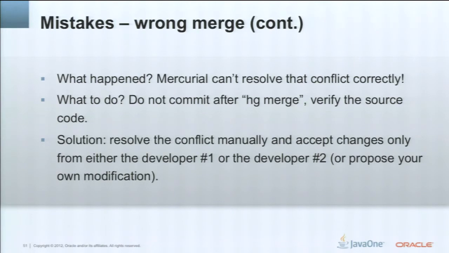So first, maybe either accept developer number 1 changes or accept developer number 2 changes. If you accept those changes, that should be okay. But you also could propose your own modification of the change set if it's valid. And definitely you need to build and you need to test. If all tests run, that's fine.